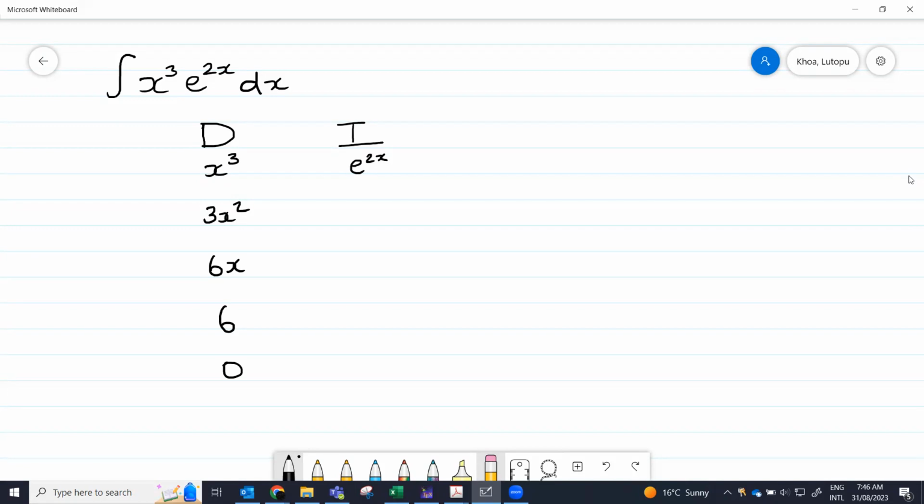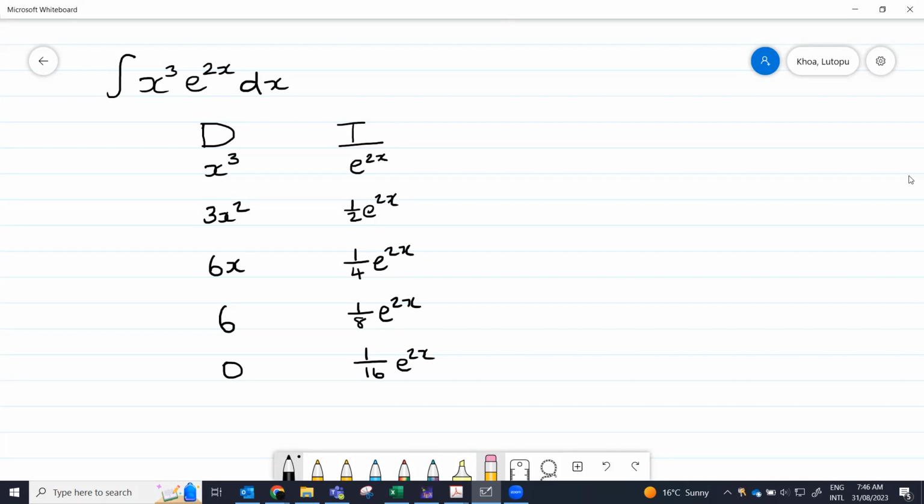And then here we integrate, we'll have half e to the power of 2x, then 1 over 4 e to the power of 2x, then 1 over 8 e to the power of 2x, and then 1 over 16 e to the power of 2x.